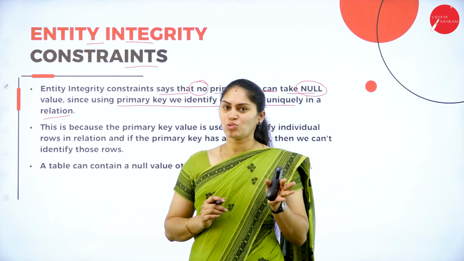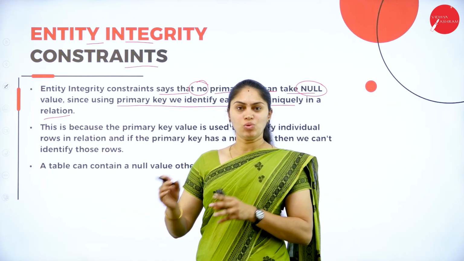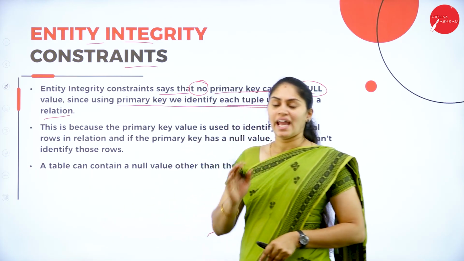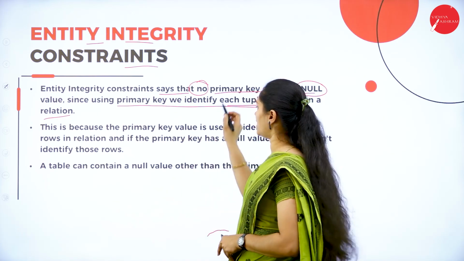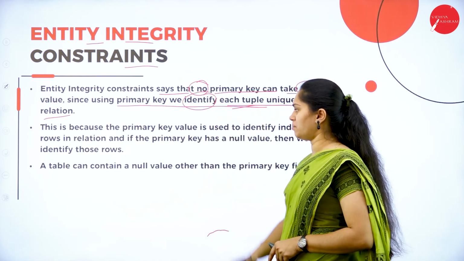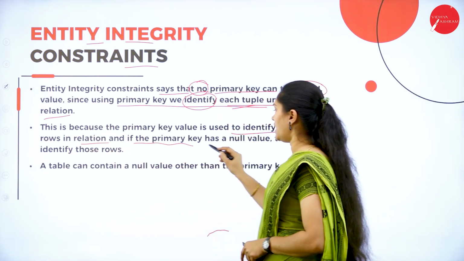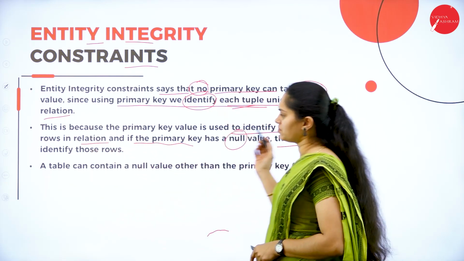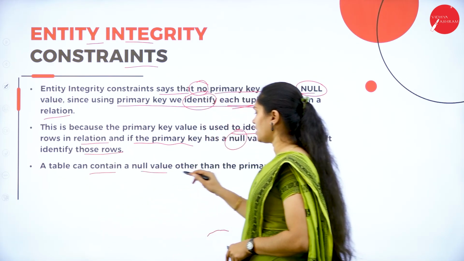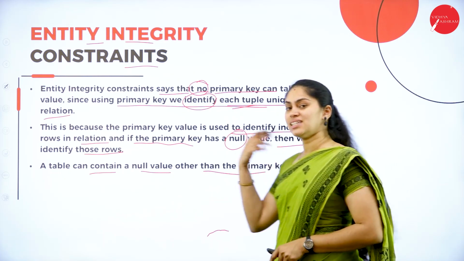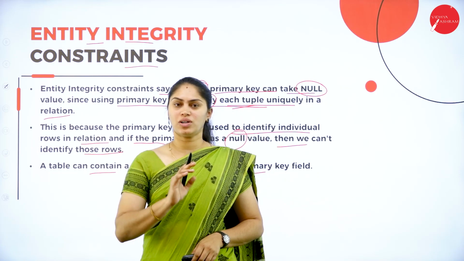If I am considering student ID as a primary key, then that student ID should be unique and it should not accept any null value. Why? Because we are using primary key itself in order to identify the uniqueness of a tuple, so it is used to identify the individual rows in a relation, and if the primary key has a null value, then we can't identify those rows uniquely. So a table can contain null values in attributes other than the primary key. I can give null value for the name, that is not the primary key.